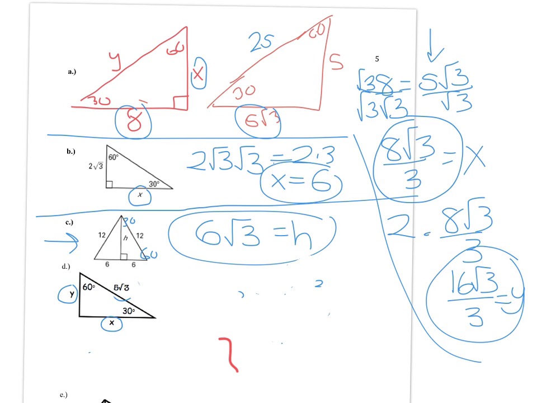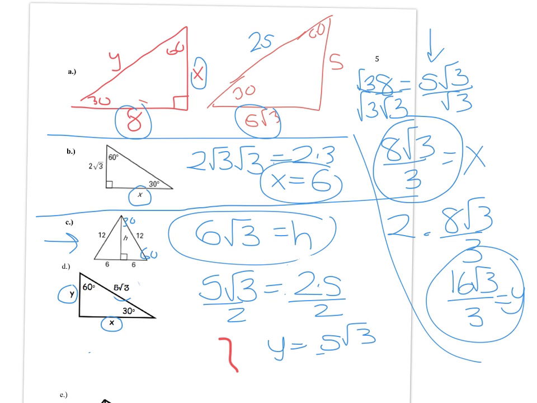They're giving me the hypotenuse, 5 radical 3, which is equal to 2 times the short side. So dividing both sides by 2, my short side, which is y, is going to be 5 radical 3 over 2.